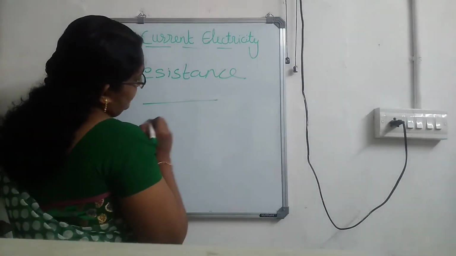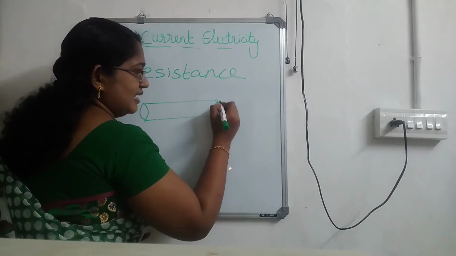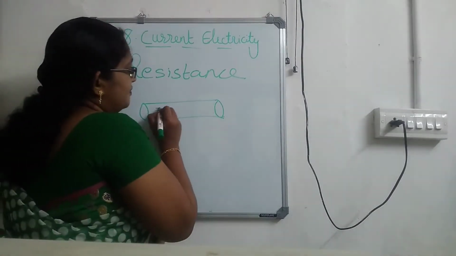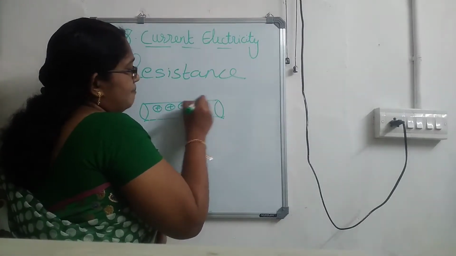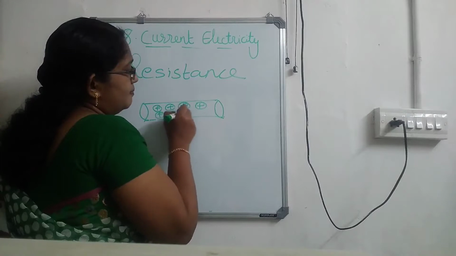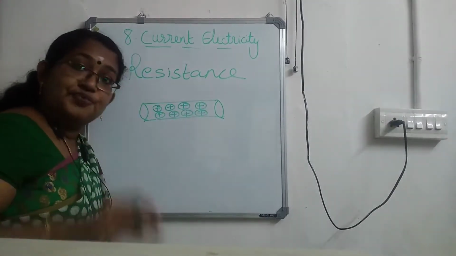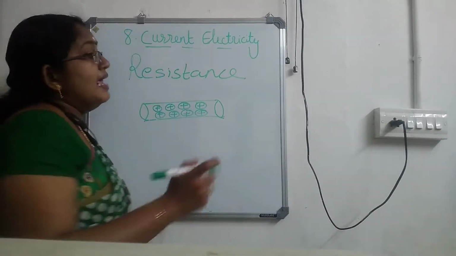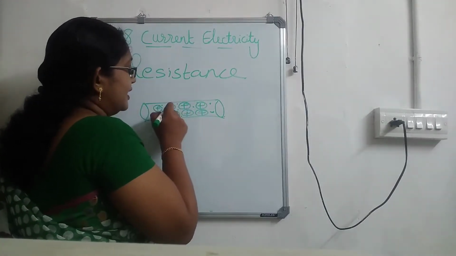Now we will check what is the reason for resistance. So I am considering a conductor, a piece of wire, a part of wire is taken. Inside a conductor, we will have many positive ions, and these positive ions are actually fixed. Then what else do we have? We have many free electrons.